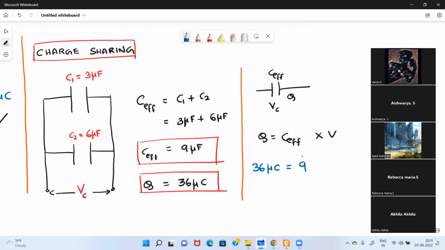What is effective capacitance? 9 microfarad, into V. Micro and micro cancel. 36 divided by 9, what is it? 4. So the common potential is equal to 4 volts. Is it clear, everyone?